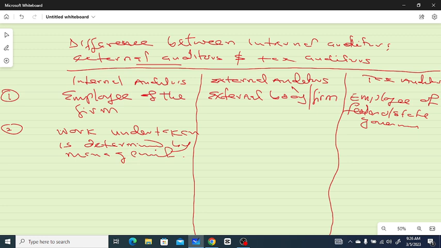So it's management that will say, okay, audit this, don't audit that. The scope of work will be given by the management.